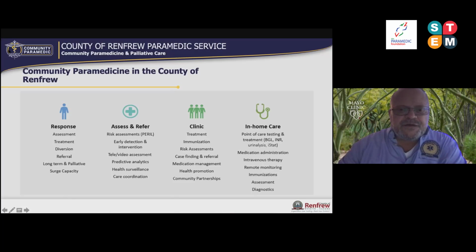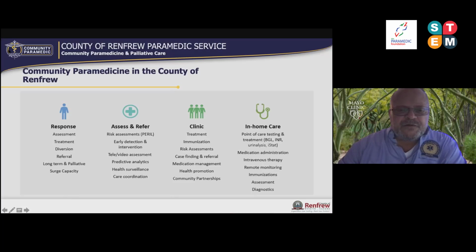There's a healthy telemonitoring program that Renfrew County operates, where patients are provided with a number of electronically connected tools, such as a scale, a glucometer, a blood pressure cuff, a pulse oximeter.